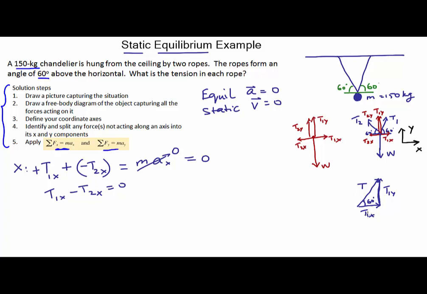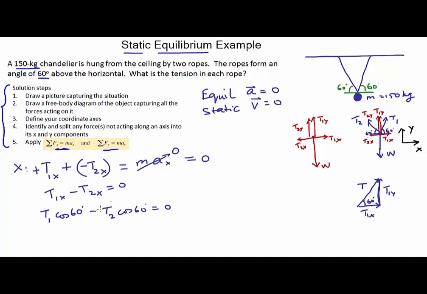So writing T1x in terms of T1 and the angle, I get T1 times cosine of 60 degrees. The reason it's cosine is because T1x is adjacent to this angle. Minus, I can do the same thing for T2x. I'm not going to draw the picture, but you can do that for your practice, and that'll give you T2 times cosine of 60 degrees equal to 0.